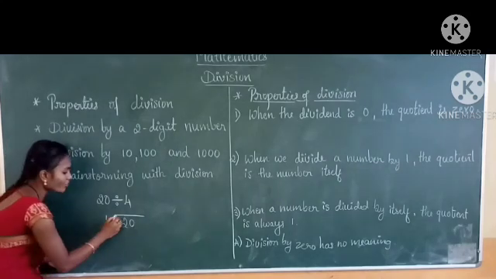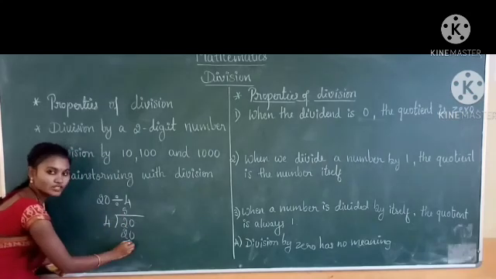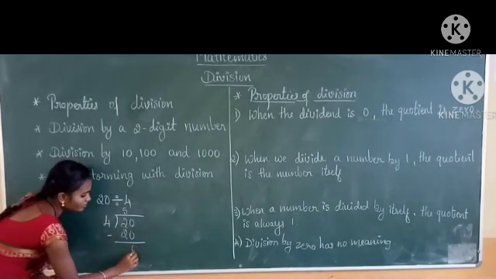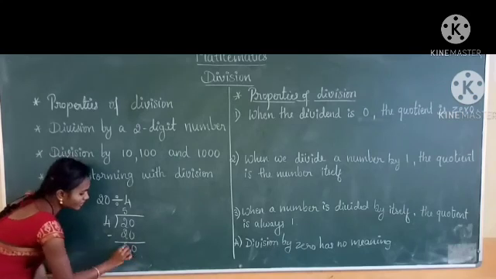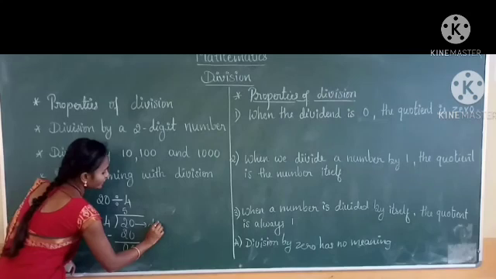We know that 4 5s are 20. So now you have to subtract. 0 minus 0 is 0 and 2 minus 2 is 0. So this is called dividend.